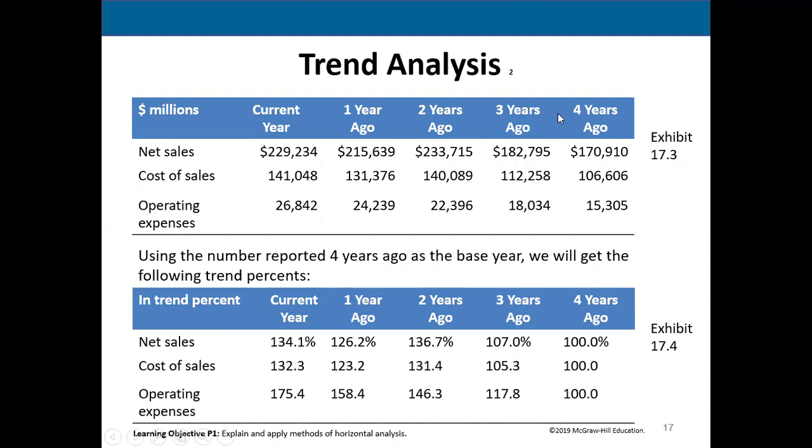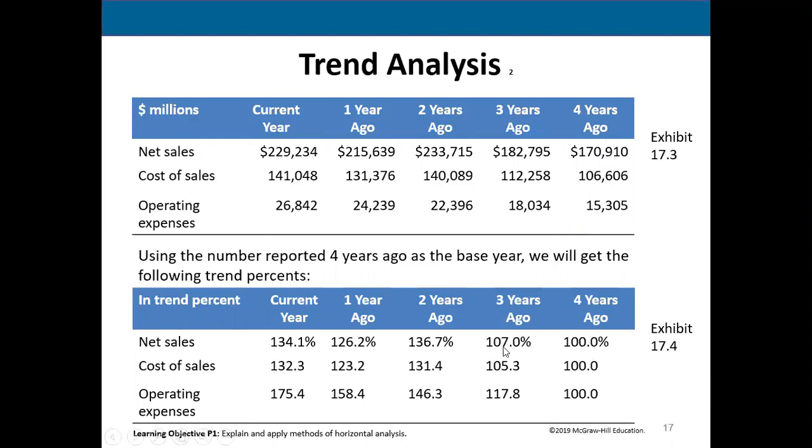If you have your current sales, 229, and you make your base year 4 years ago, you would take each year, so 3 years ago, 2 years ago, 1 year ago, current year, so each year's dollar amount divided by the base year. So in year 4, that's your 100% amount.